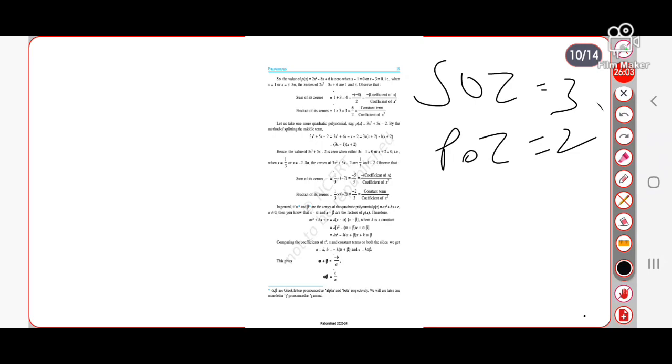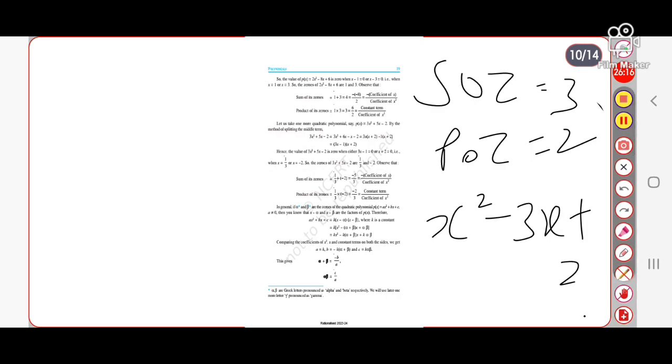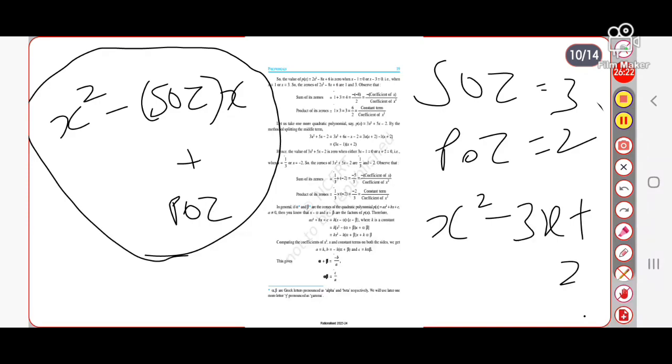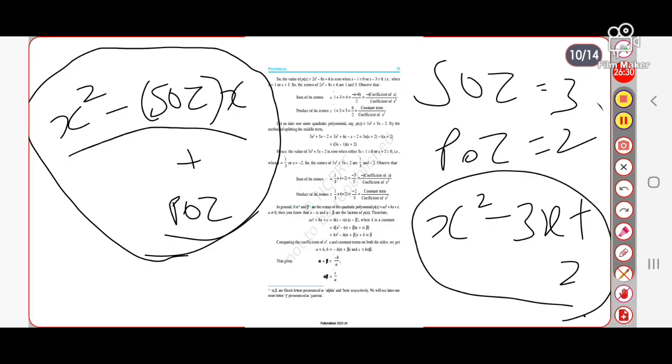It is nothing but x square minus sum of zeros times x plus product of zeros. Generally the quadratic equation will be like this. So we get x square minus 3x plus 2. That's it, right?